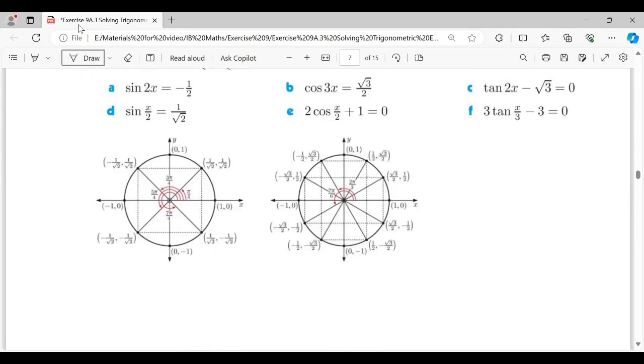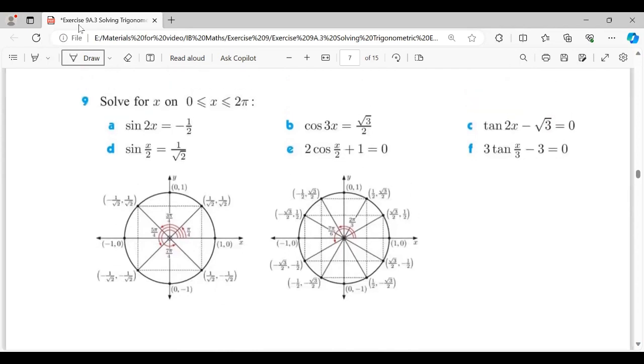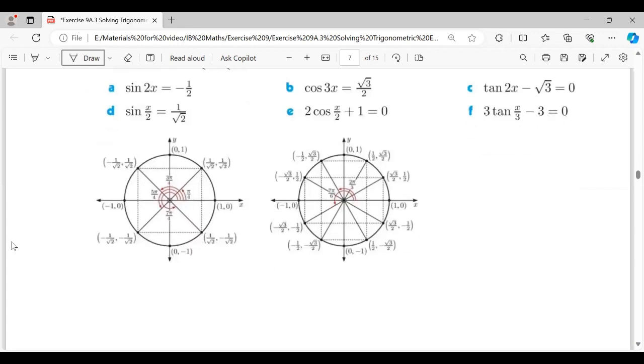Number 9. Solve for x, 0 to 2 pi. If sine 2x equals negative half. 9a.